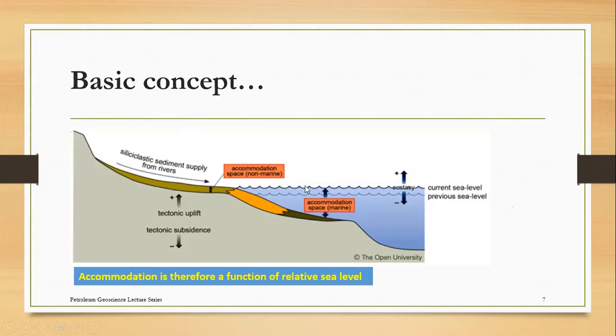Imagine this is the current sea level. In other words, the sea level was below here and then rose over time. So what it means is that this shoreline will change over time. It will either go up or go down. Whichever way, the sedimentation and the point of sedimentation is determined by the position of the shoreline.